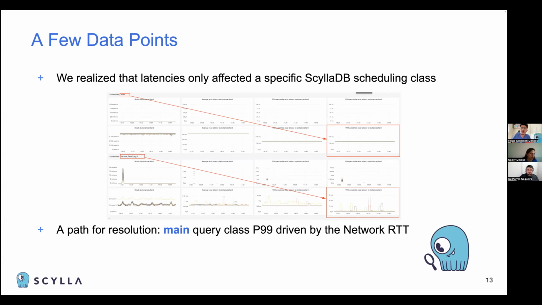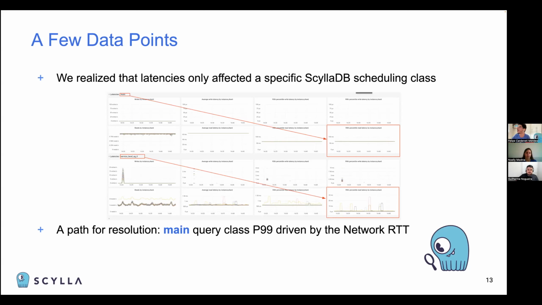In order for us to understand that, you need to understand that ScyllaDB implements this concept which we call scheduling groups, where we completely isolate resources. For example, queries coming from the application should have priority over other classes, such as compactions and repairs, which are background activities, as Noeli mentioned in her answer.